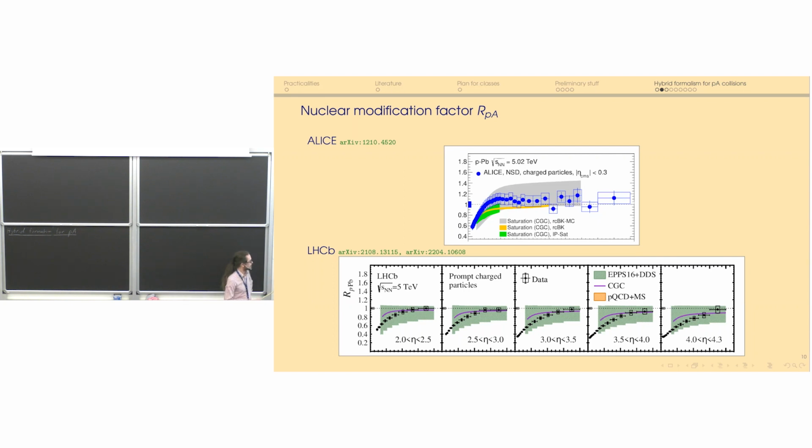Okay, and there's a calculation from nuclear parton distribution functions. This is a collinear factorization calculation, which has big errors reflecting the fact that these are nuclear parton distribution functions that have been extracted from nuclear scattering data available before this LHCb data.